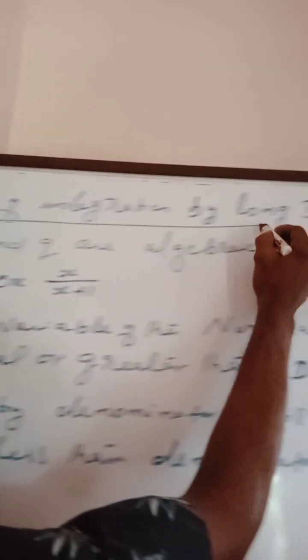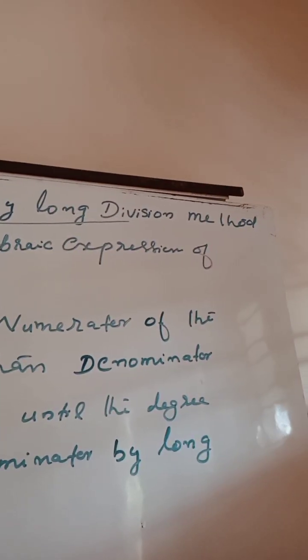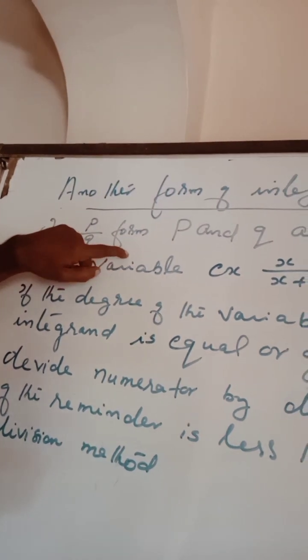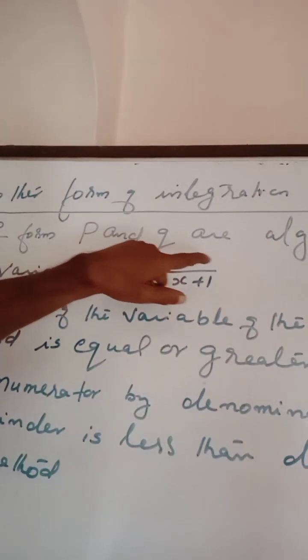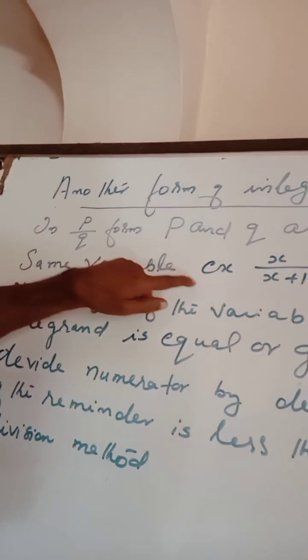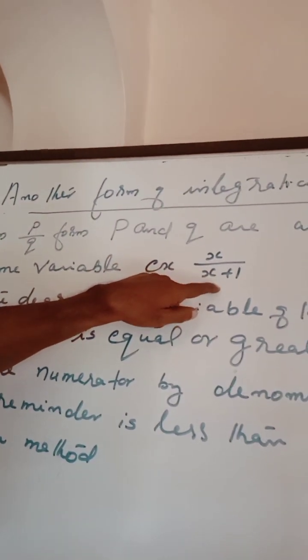Another form of integration is by long division method. In p by q form, p and q are algebraic expressions of the same variable. Example, x divided by x plus 1.